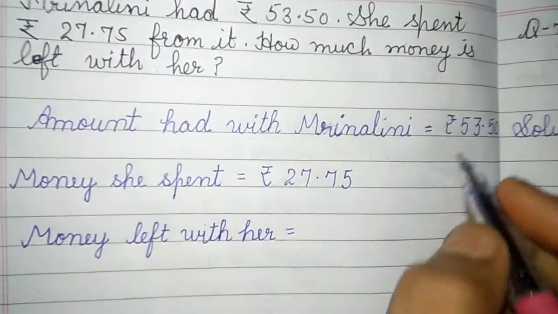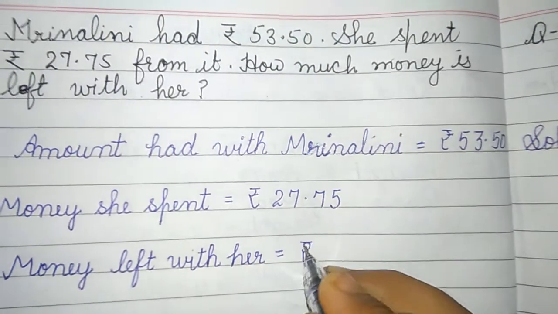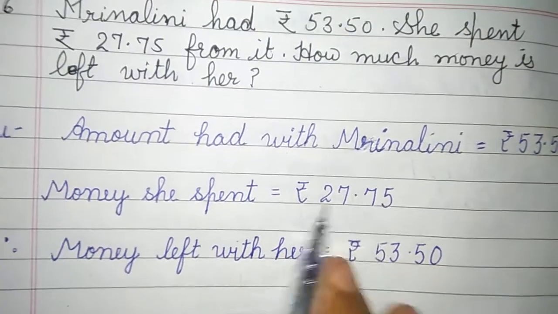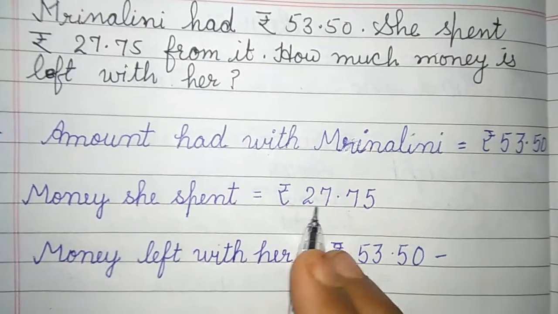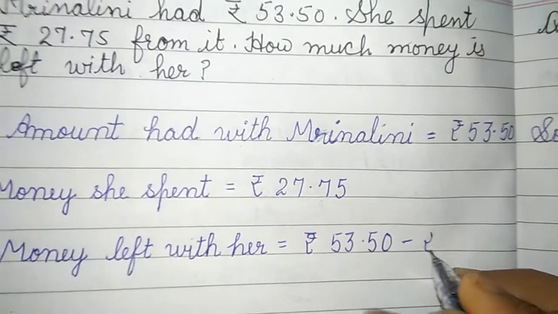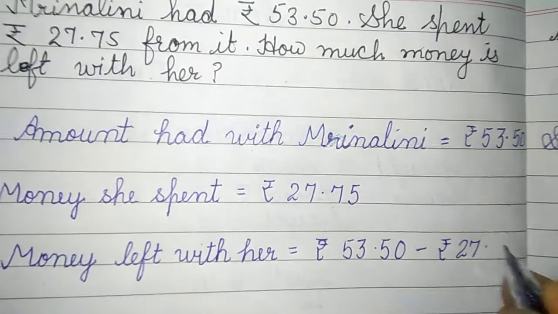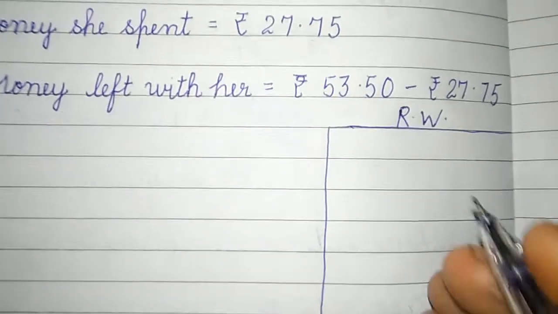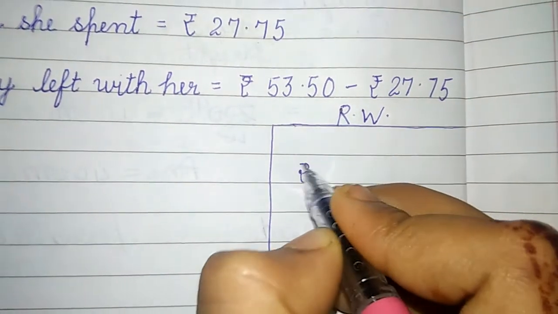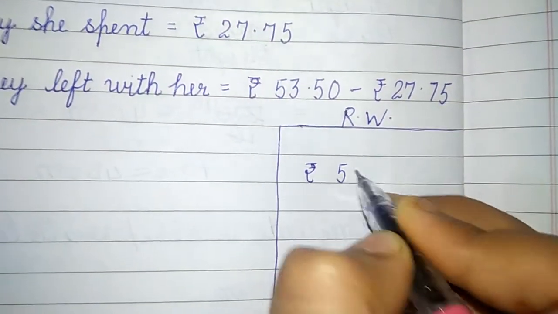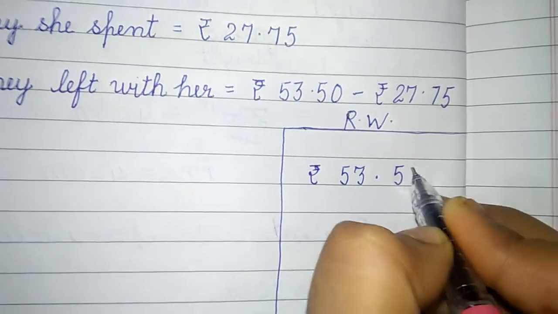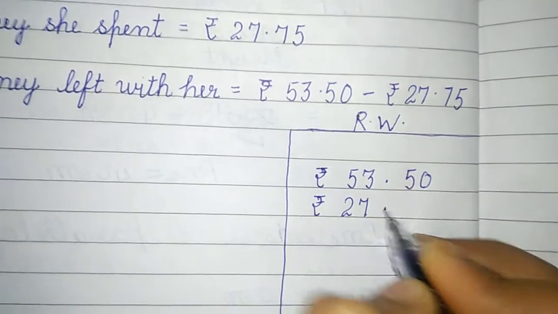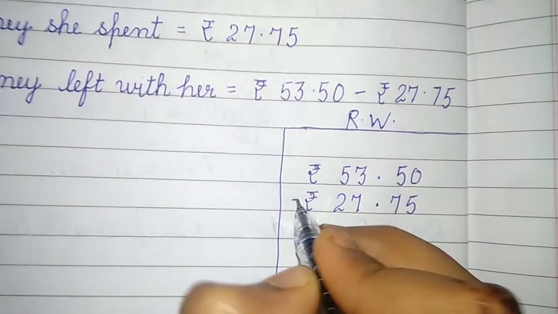First write the total amount, rupees 53.50, minus the money she spent, rupees 27.75. Now let's subtract.